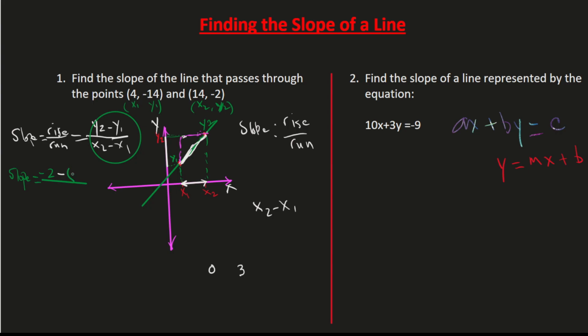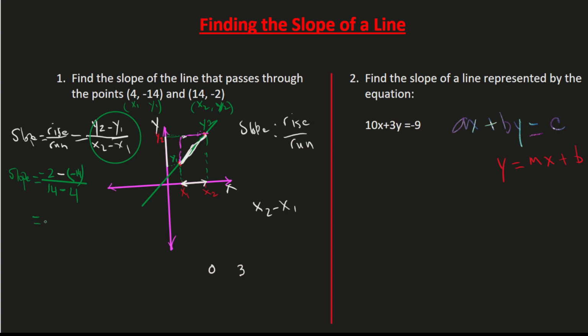Since I get a minus 14, I'm going to put it in parentheses so that this negative sign influences the 14. Over x sub 2, this is 14, minus x sub 1, that's 4. There is no need for another parenthesis because this is not minus 4.